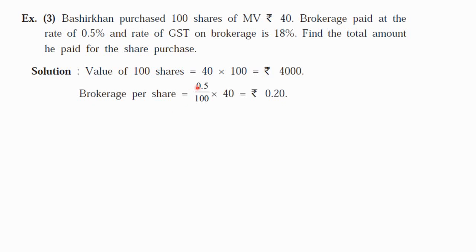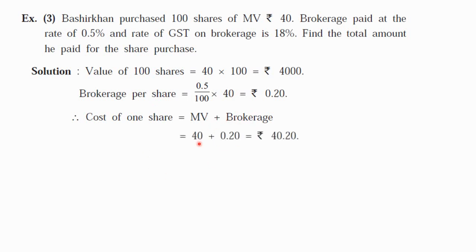Brokerage per share is 0.5%, so 0.5 upon 100 into market value, that is rupees 40. If we calculate this, we'll get rupees 0.20. The cost of one share will be market value plus the brokerage. Since the share is purchased, brokerage is added to the market value.